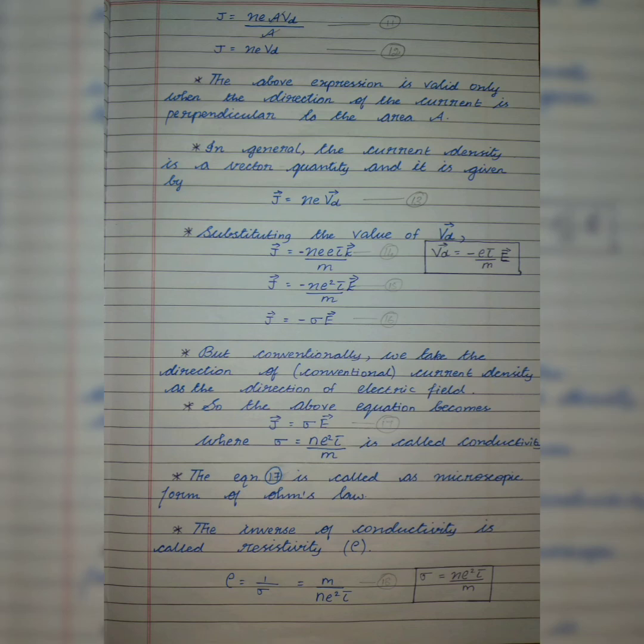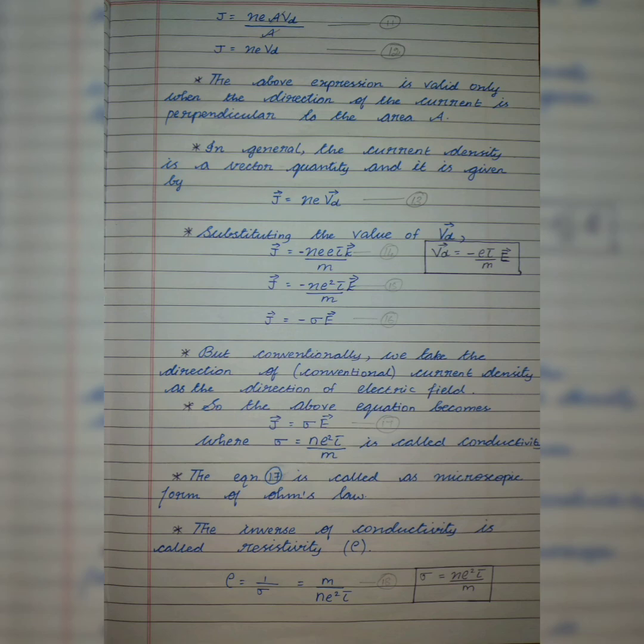Okay, இந்த NE square tau by m we can also write it as sigma. அது it is nothing but conductivity, represented by sigma. அதனால அதை sigma வச்சு replace பண்ணலாம். So J vector is equal to minus sigma into E vector.